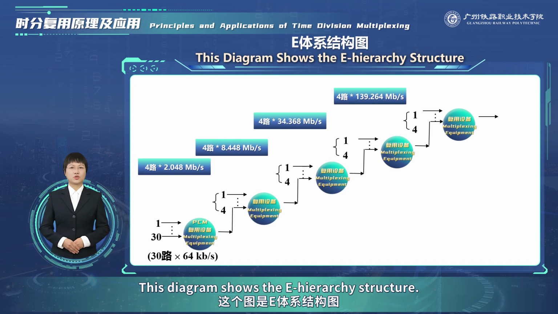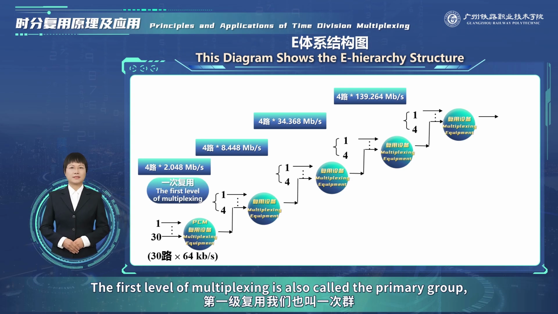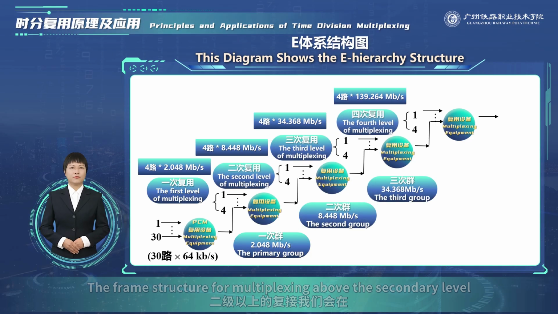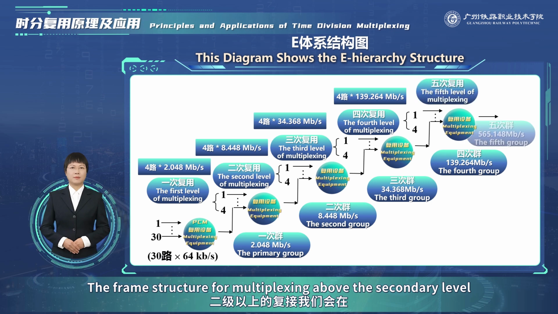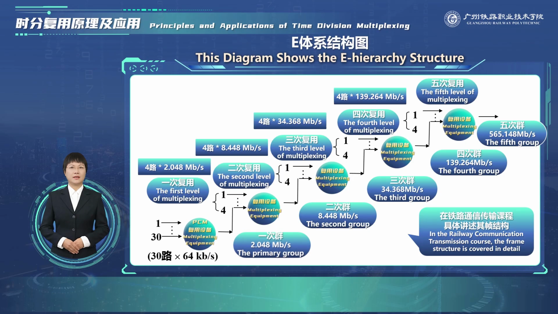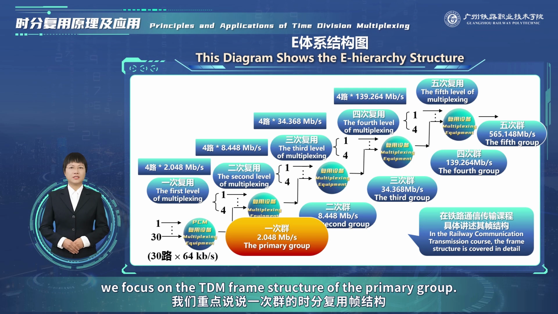This diagram shows the E hierarchy structure. The first level of multiplexing is also called the primary group, the second level the secondary group, and so on. The frame structure for multiplexing above the secondary level will be covered in detail in the Railway Communication Transmission course. Here, we focus on the TDM frame structure of the primary group.